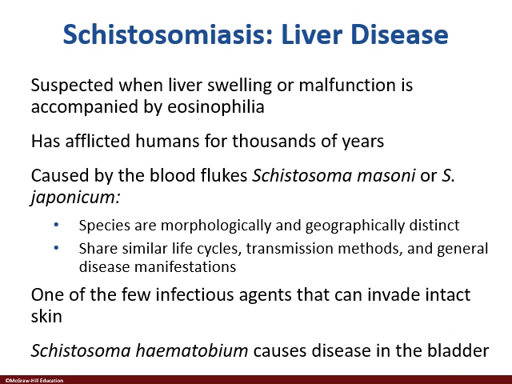Okay, they are both flukes that are going to be in different regions, and the transmission is going to be slightly different. There is a third, Schistosoma haematobium, but we're not going to worry about this one because this one likes to go into the bladder.